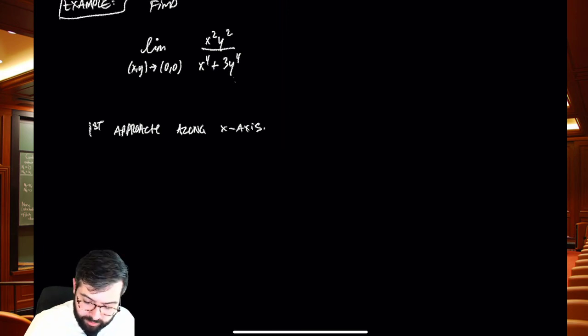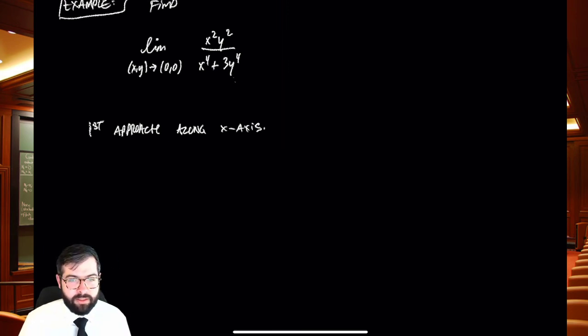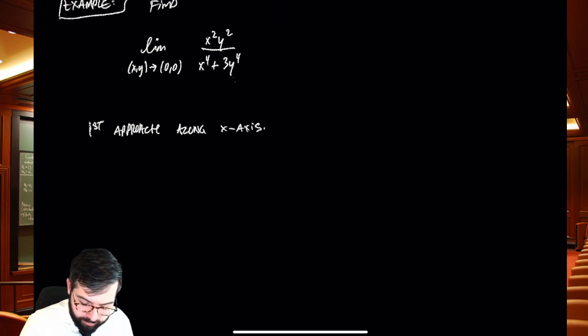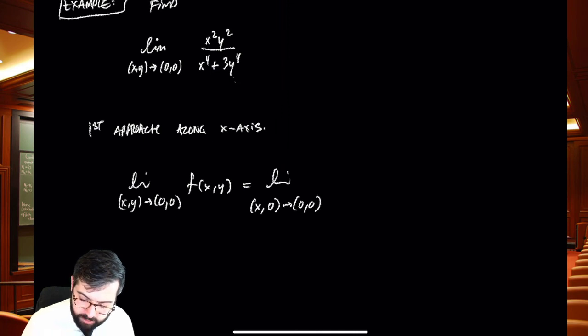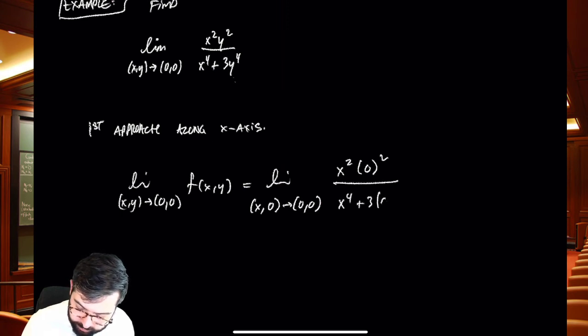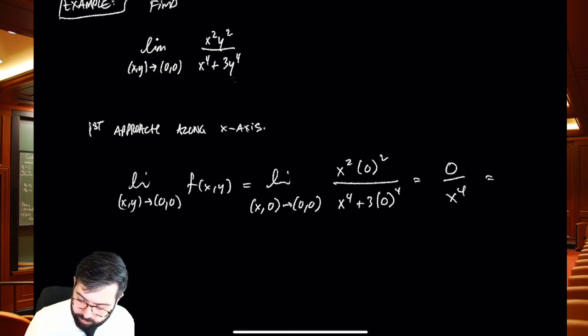So if this limit exists, it's going to equal the limit that we come up with. We'd look at f(x, y): the limit of (x, 0) approaching (0, 0) of x² · 0² over x⁴ + 3 · 0⁴, which is 0 over x⁴, which is just 0.